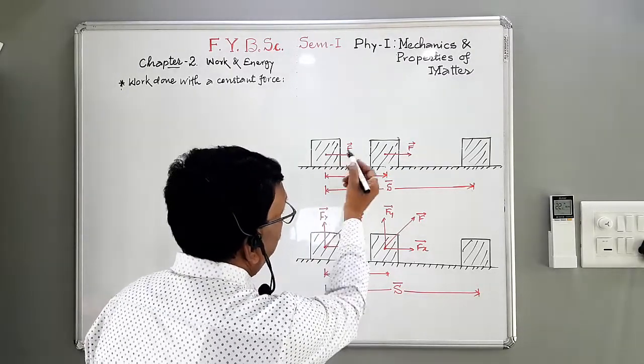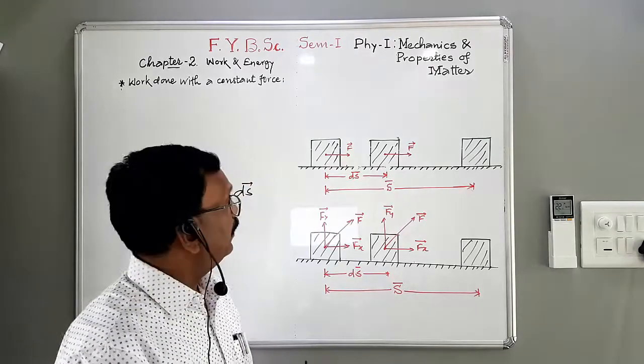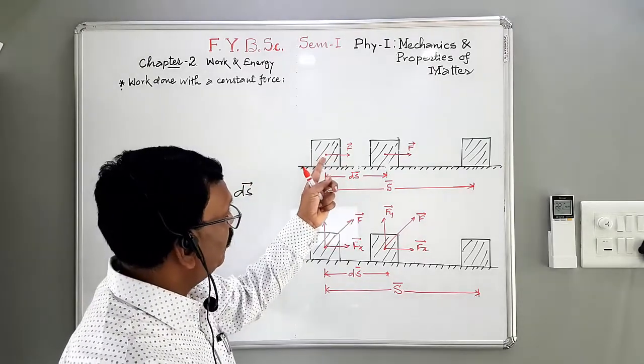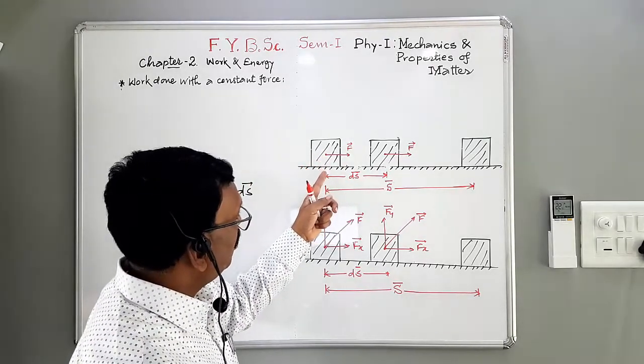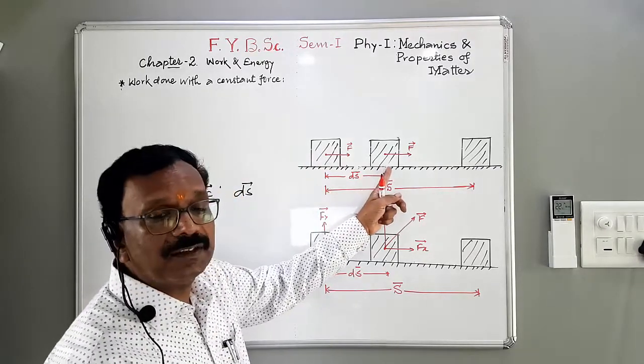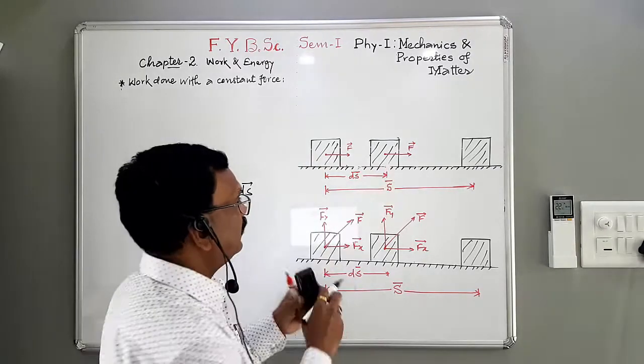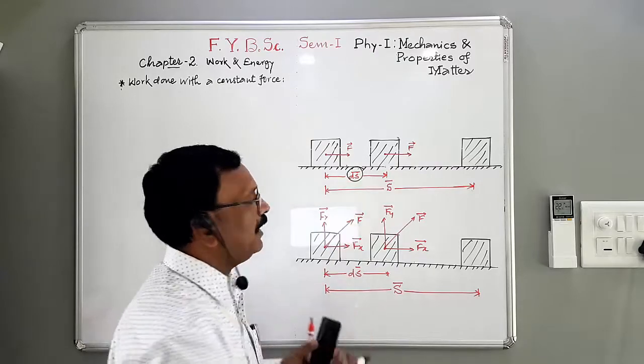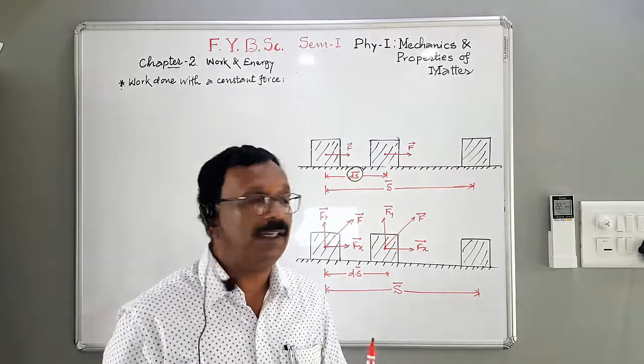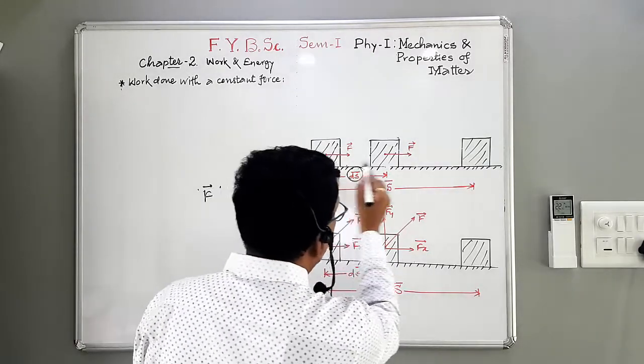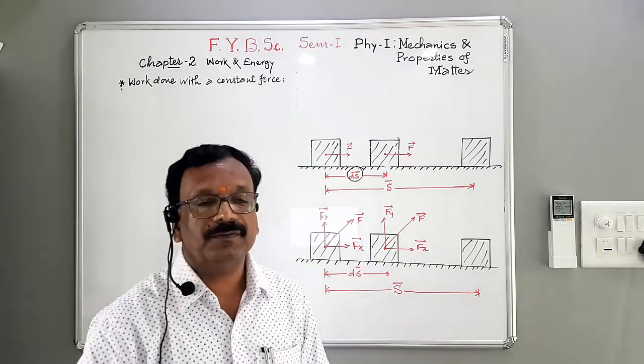Suppose F is the force, and when we apply the force the body is displaced from this point to this point, and hence the vector ds is a small displacement, and this displacement is in the direction of force.